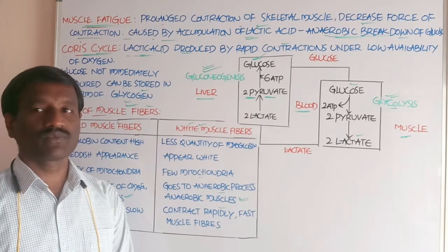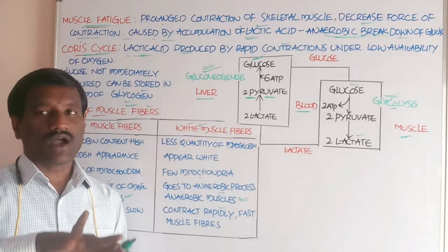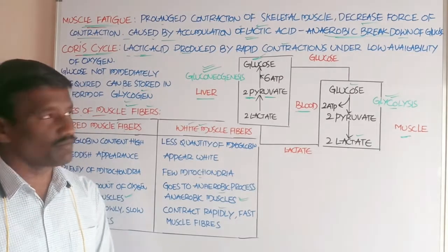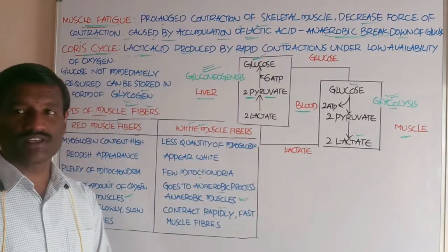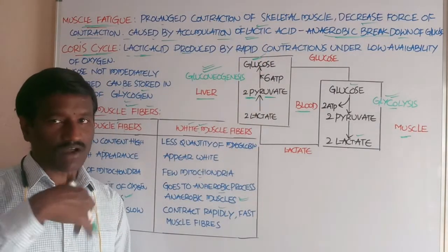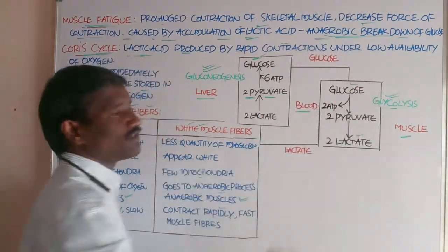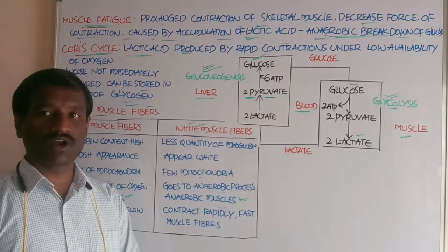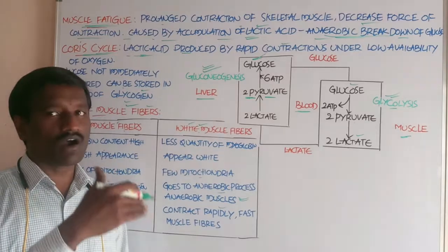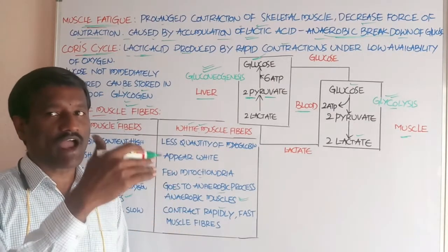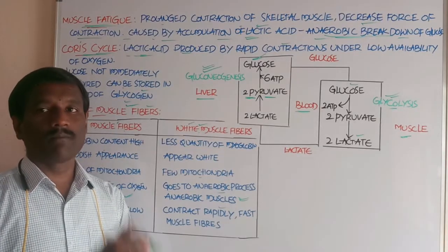The entire process occurs due to the anaerobic breakdown of glucose, which is the breakdown of glucose when oxygen is unavailable in the muscle.